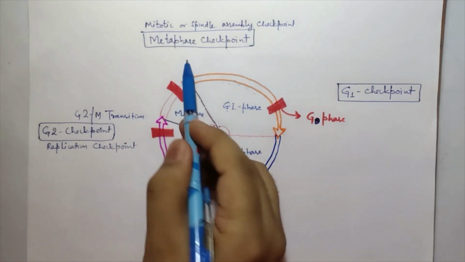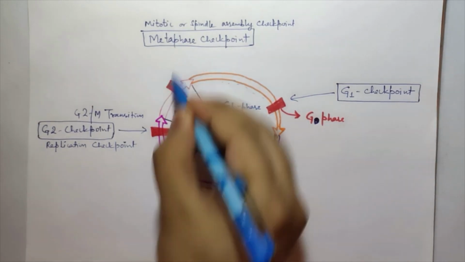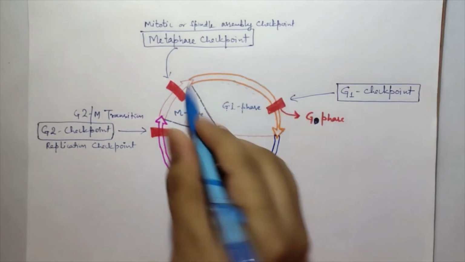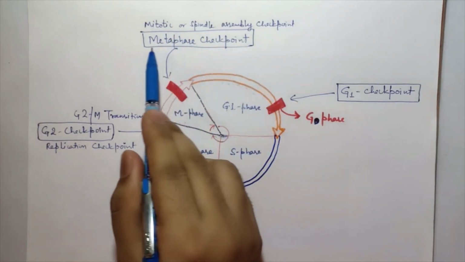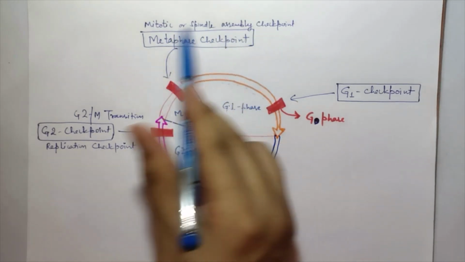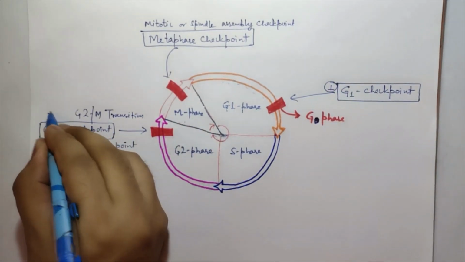And the third one is in M phase, also called the mitotic or spindle assembly checkpoint, or the metaphase checkpoint.